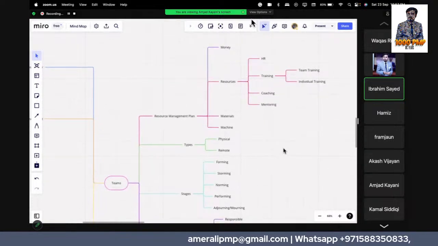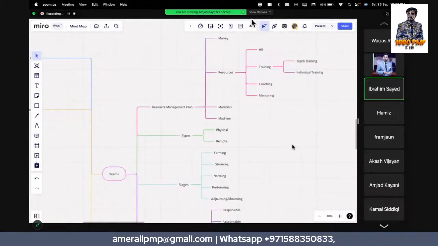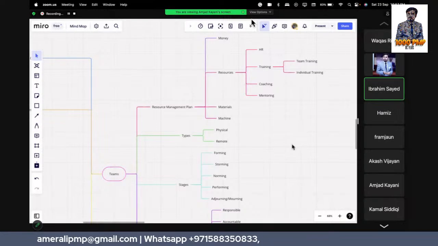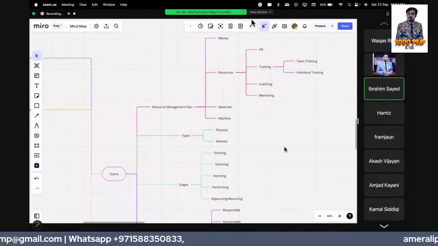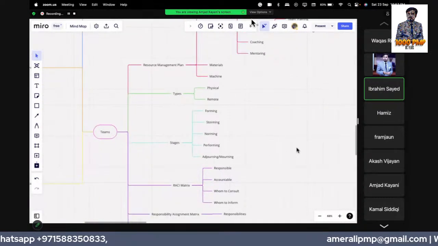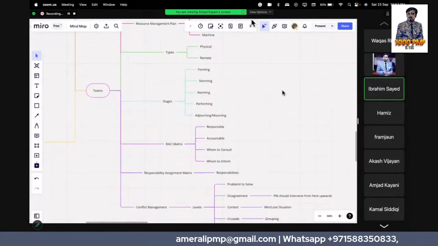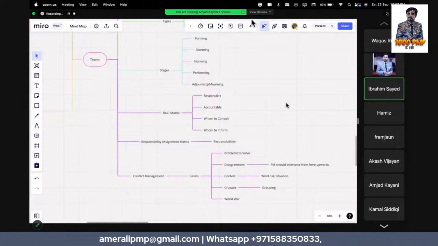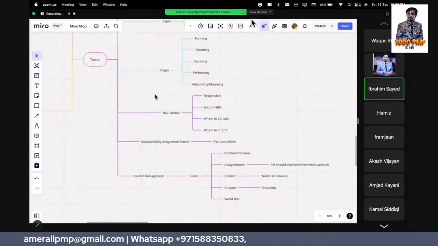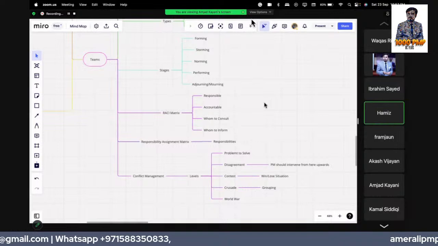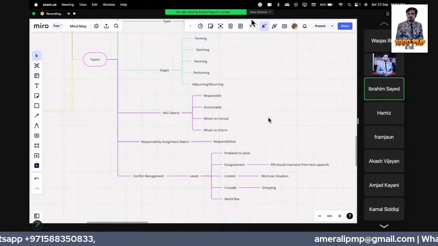In resources, HR training involves team training or individual training, coaching, and mentoring. There are 2 types of team: physical and remote. And there are the stages of team development: forming, storming, norming, performing, and adjourning.